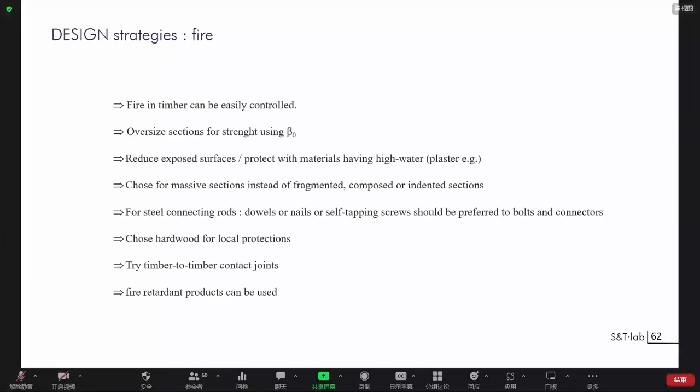And you also have fire retardant products that can be used on timber, since they change the chemical reaction, but it will turn your natural material into a material that won't be that natural, and that could be a problem at the end-of-life stage, and that's for sustainability.